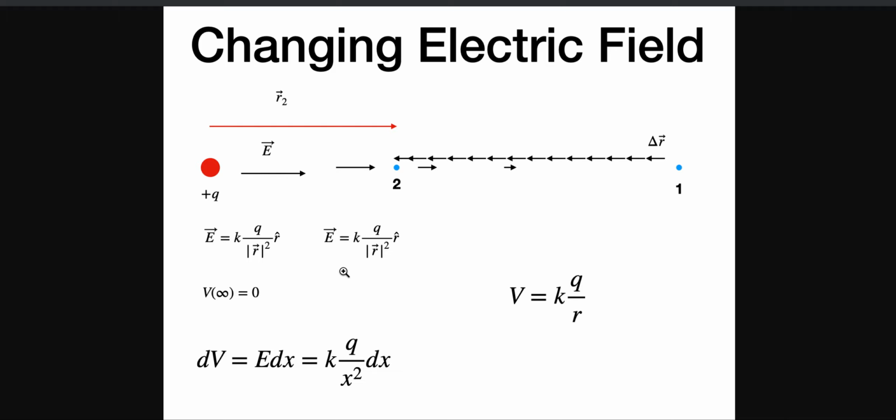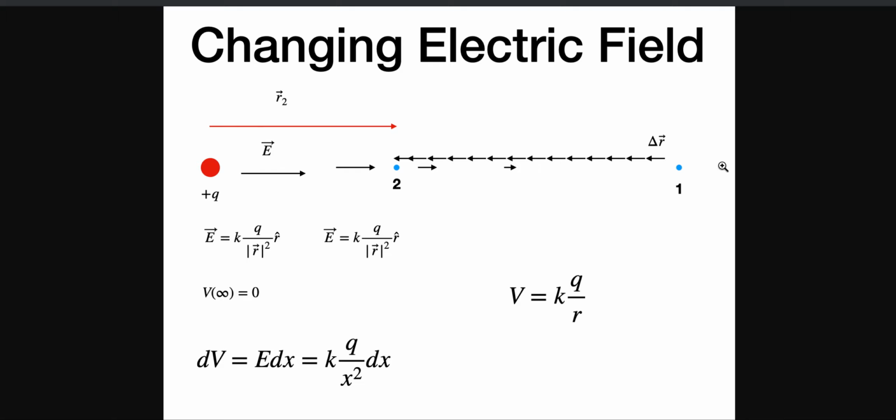Well, you can do it with calculus. But we can also do it by breaking this into tiny little steps. If I go from here just to there, just that small delta r, then the electric field is fairly constant, and I can pretend like it is. And if I do that, I can use the previous equation. I could say the change in electric potential is negative E delta r cosine theta.